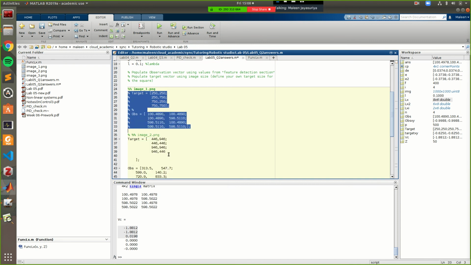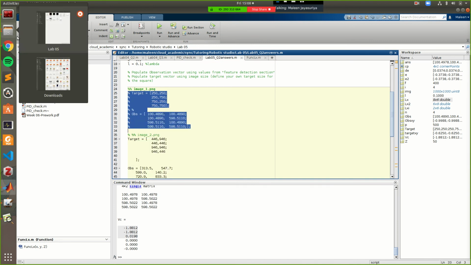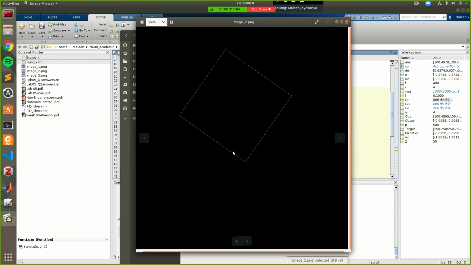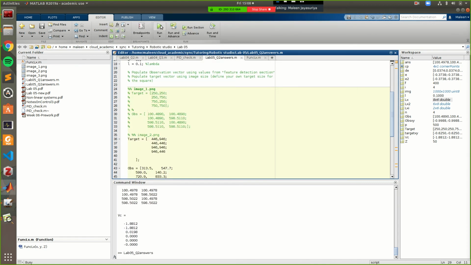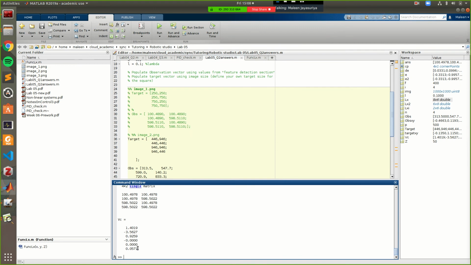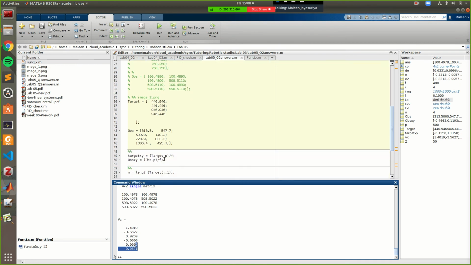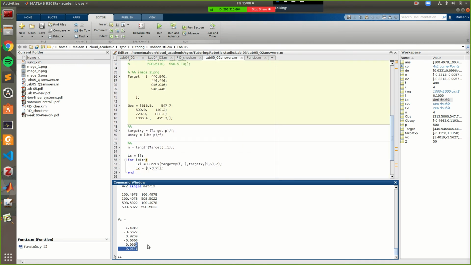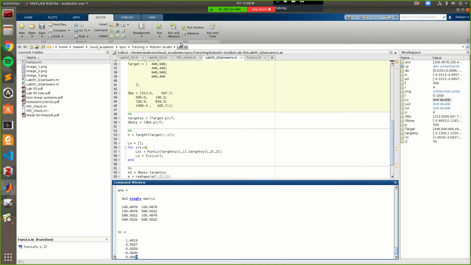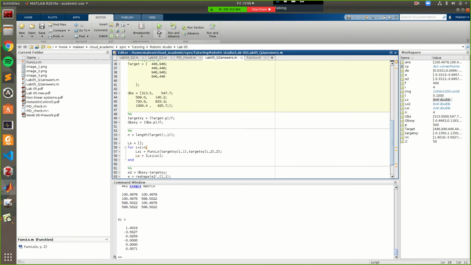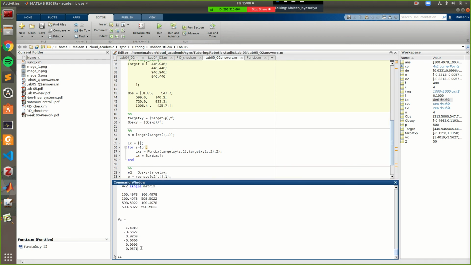So image 2 looks like this. If you run the same thing for image 2, you can see now we have a small rotational velocity involved in the z direction as well, right?